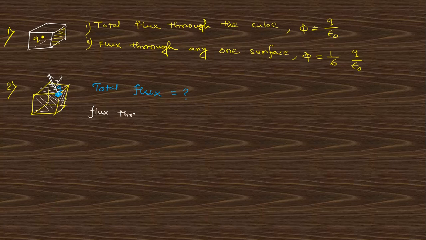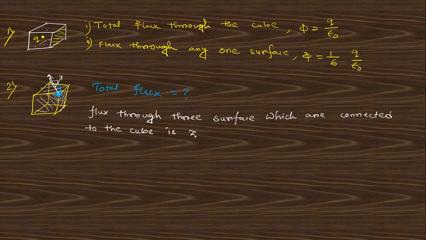Flux through the three surfaces which are connected to the charge is zero, because the electric field and the surface are perpendicular to each other, and the remaining three surfaces have the flux.